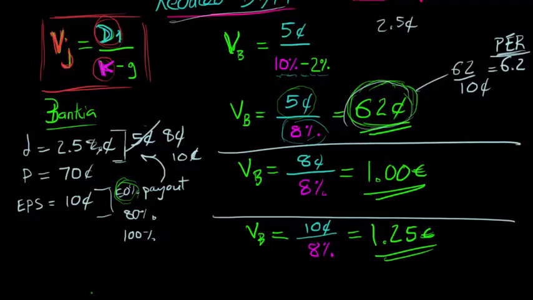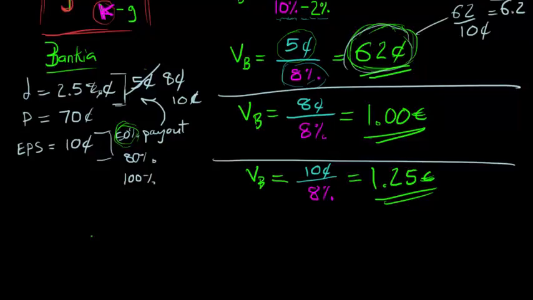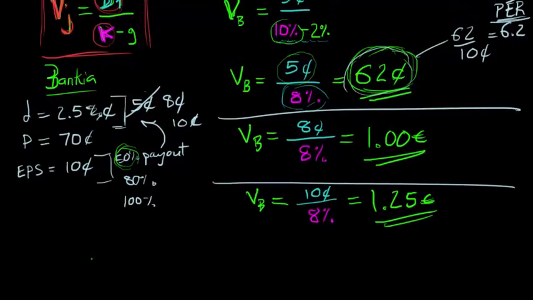And the other way we could increase our target price would be if we reduced our required return here to a more normalized figure.